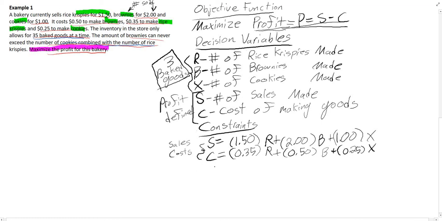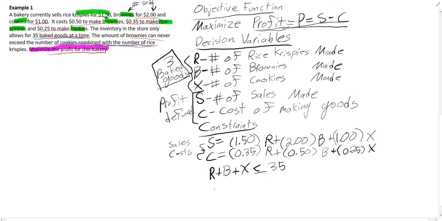Now we are going to look at the other two underlined in green, blue. The inventory of the store only allows for 35 baked goods at a time. So now we're going to do R plus B plus X must always be less than or equal to 35.